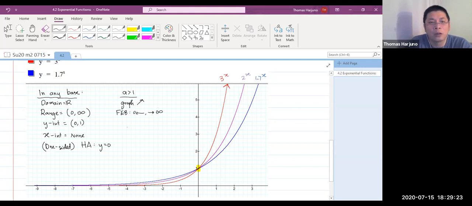Okay, while when the base is between 0 and 1, I will graph for you very soon. You will see that the graph will be decreasing with far end behavior: to the left-hand side, it goes to infinity; to the right-hand side, it goes to 0.